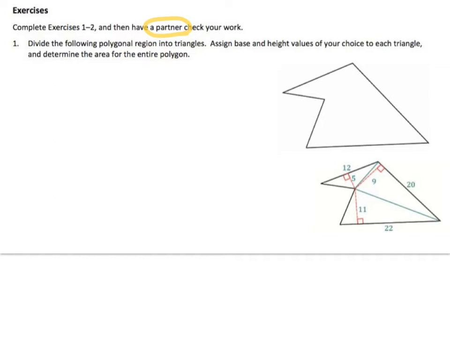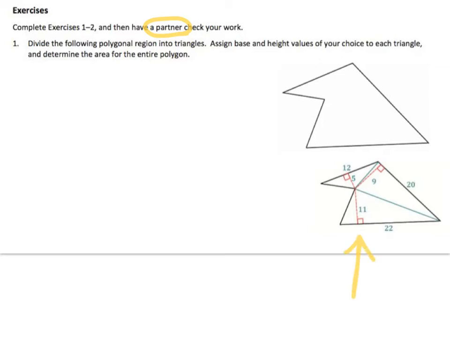So, divide the following polygonal region into triangles. Assign base and height values of your choice to each triangle, and determine the area for the entire polygon. This is what we had in the book, so I went ahead and copied it here just to help us out, because we're just assigning random values, okay?